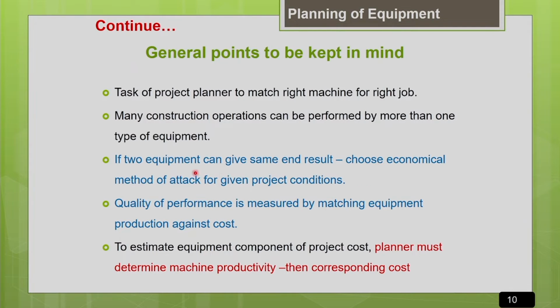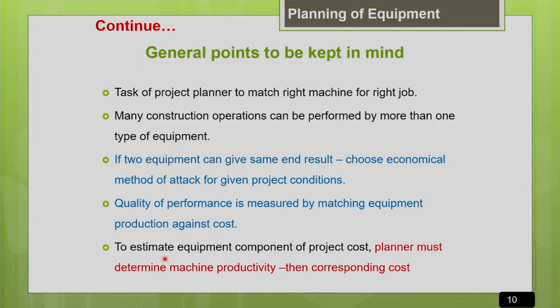The economical method of attack means whichever equipment or combination of equipment gives you the maximum productivity at the lowest possible cost, you select that option. The quality of performance is measured by matching the equipment production against the cost. So this is a basic guideline for making the decision of equipment selection, based on comparison of productivity against the cost.